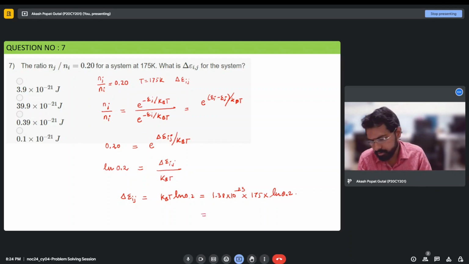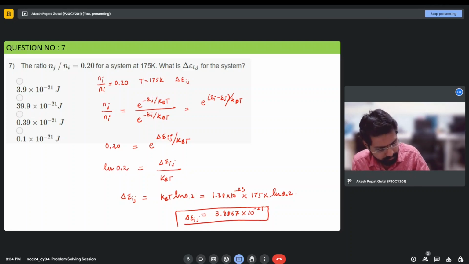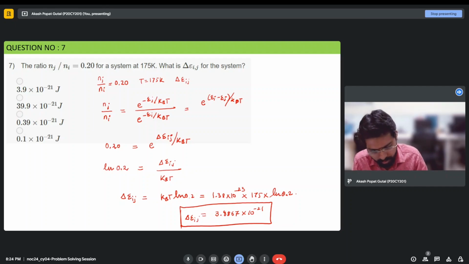If you calculate it, you will find the value is 3.8867 times 10 raised to minus 21 for epsilon ij. And the closest option is minus 21, 3.88. It's option number A.